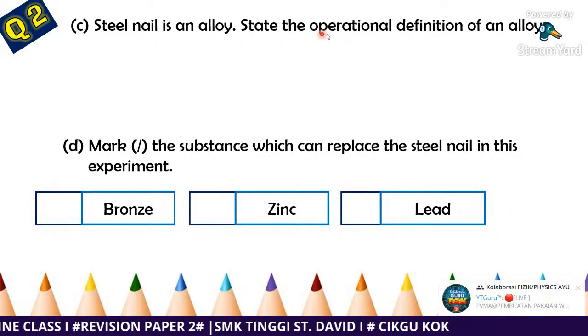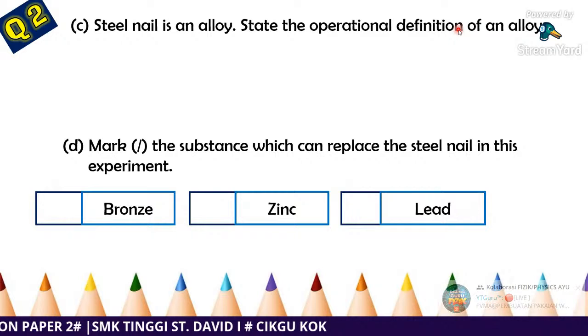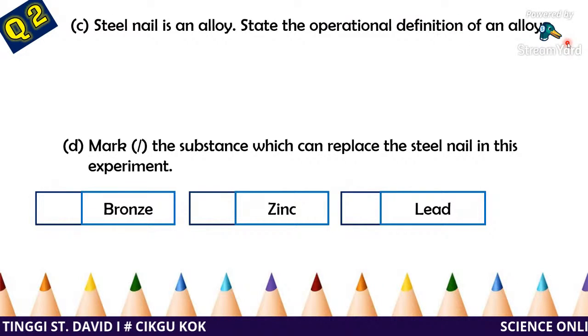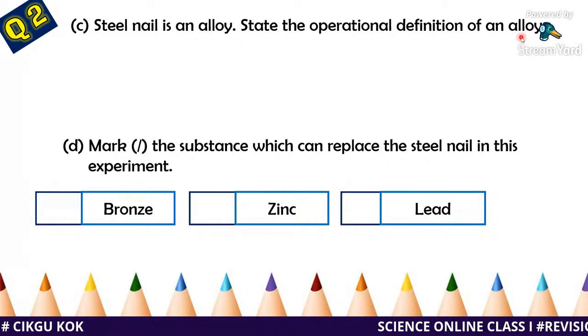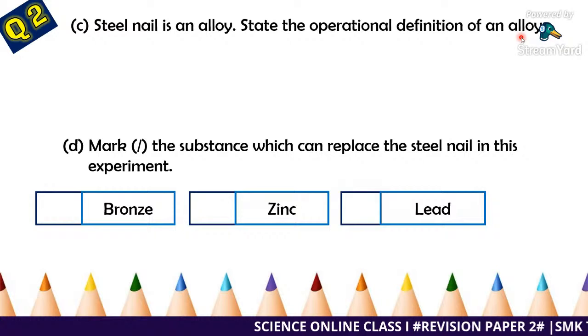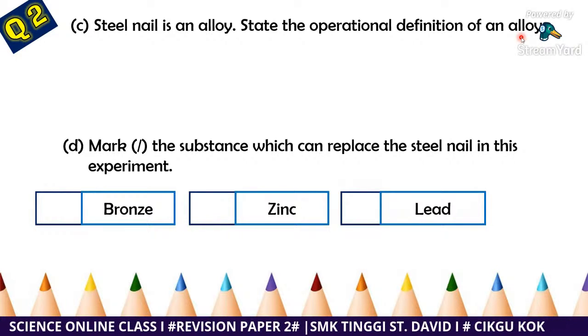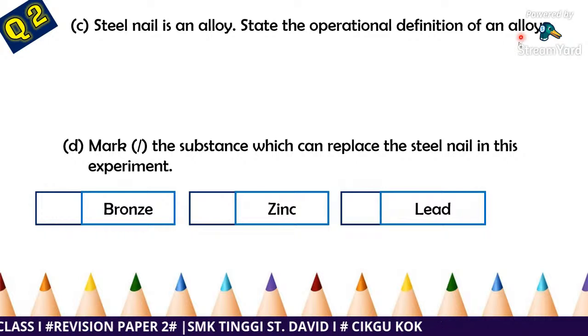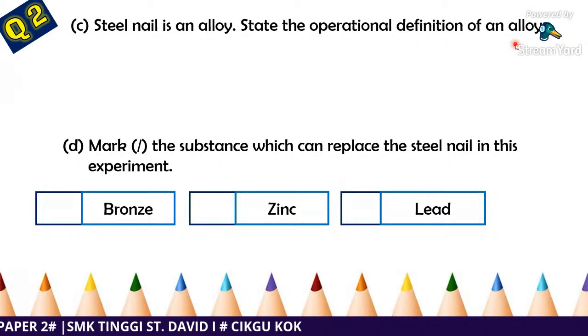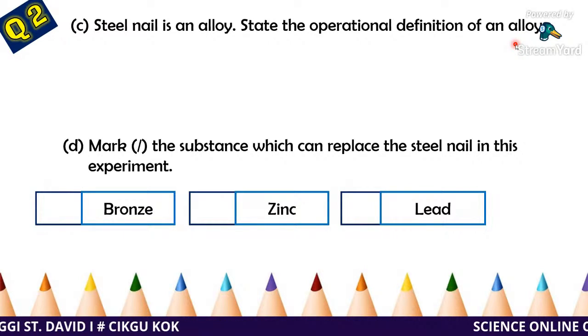When you see operational definition, this one is a format. So you just say alloy is what? Then you explain. You must refer back to the question. You cannot say alloy is a metal, that is wrong already. From the question, alloy does not rust and metal rusts, is it?